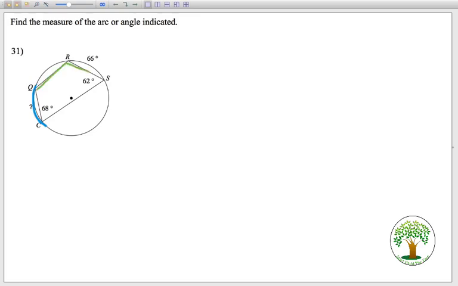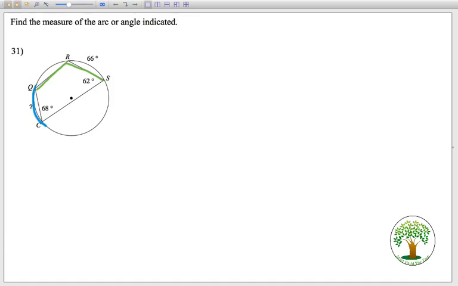We have this one that's intercepted, right? So if we found this whole piece, we could maybe subtract this little piece out of there, and we could have the piece there. That's some ideas. Some things we do know is that this piece right here is 66.